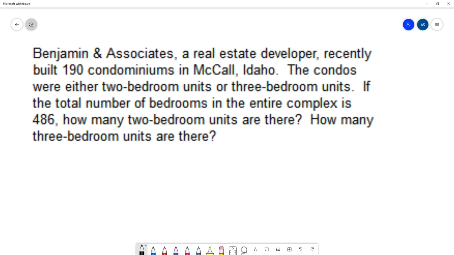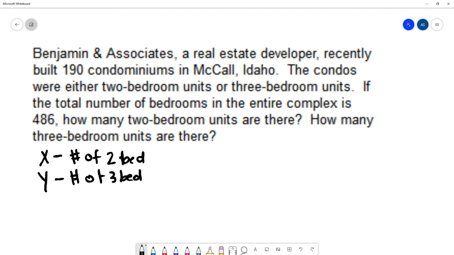So I'm going to start by choosing some variables. I'm going to let x represent the number of 2-bedroom and let y be the number of 3-bedroom condos. And in the first sentence here, it says they built 190 condominiums. So I know that the number of 2-bedroom condominiums plus the number of 3-bedroom condominiums needs to equal 190.